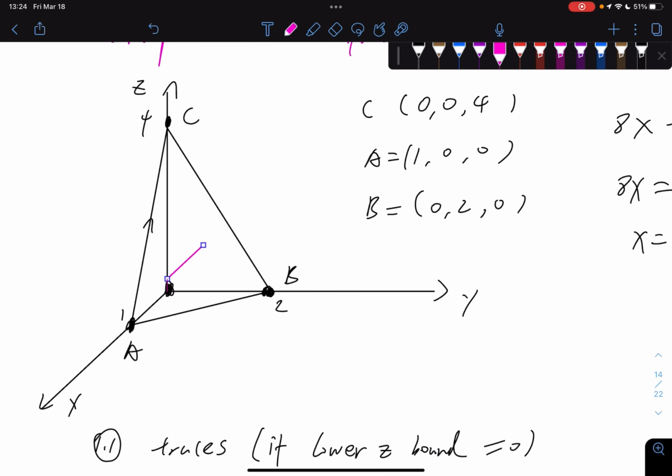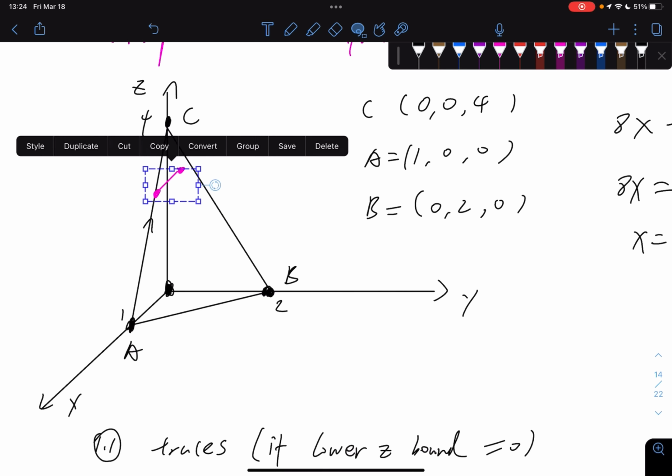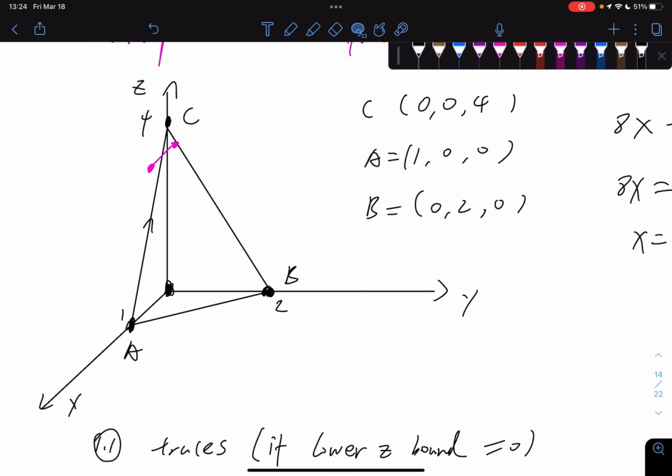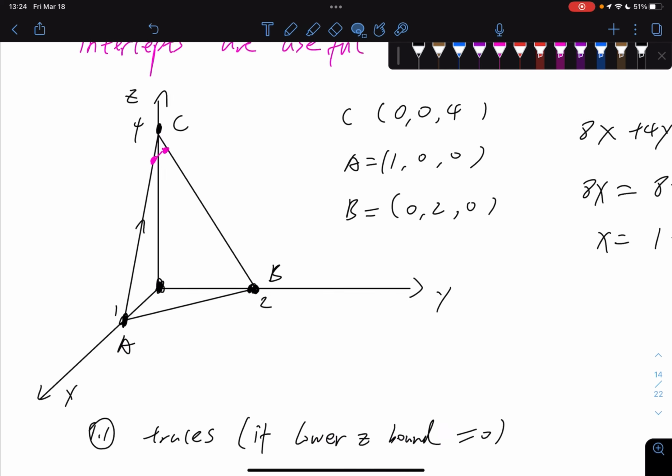But if I go to somewhere over here on the YZ plane, of course I'm going to be limited by the plane of the tetrahedron itself. Again, it's the same idea. If I move to a different location, somewhere that's super low, I'm going to continue to be constrained by the plane of the tetrahedron right here. I hope you get the idea.